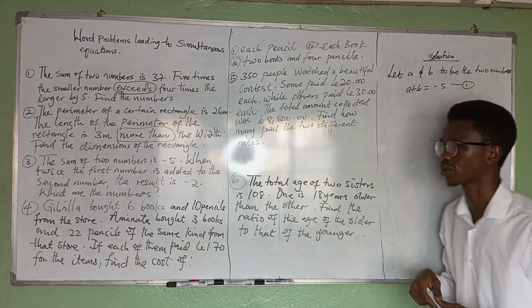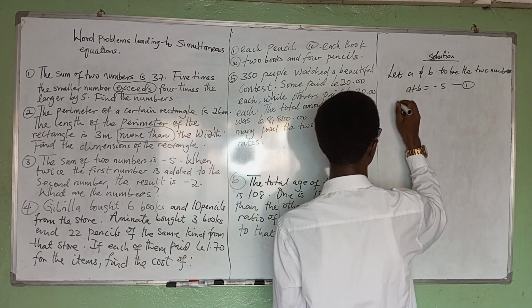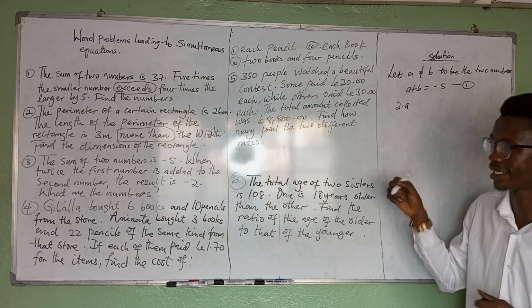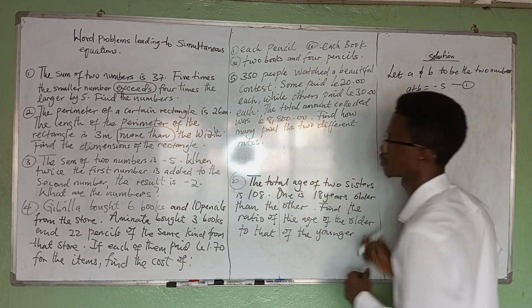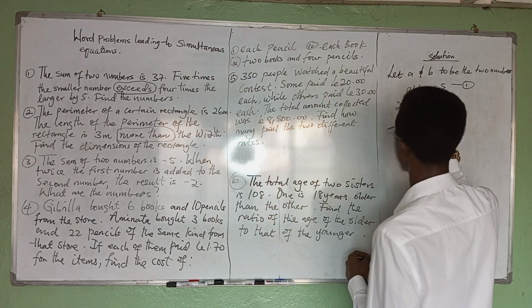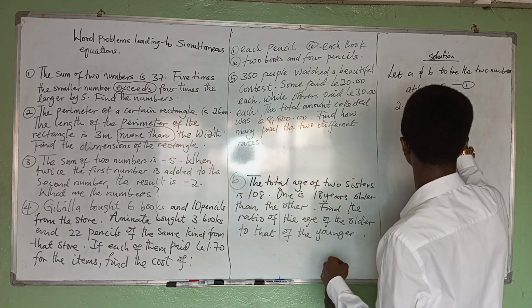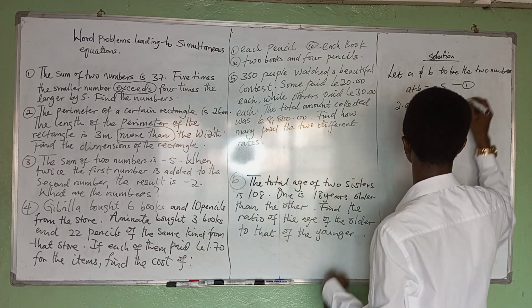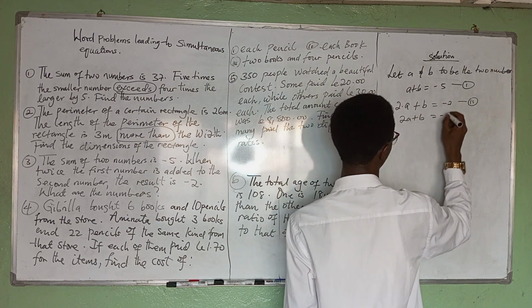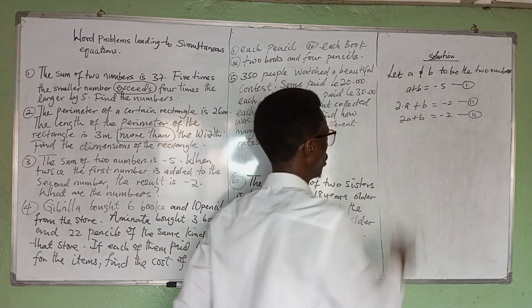The other part of the question says when twice the first number, 2 times A, is added to the second number, B, the result is minus 2. So that's equation 2. If you simplify, that's 2A plus B equals minus 2.